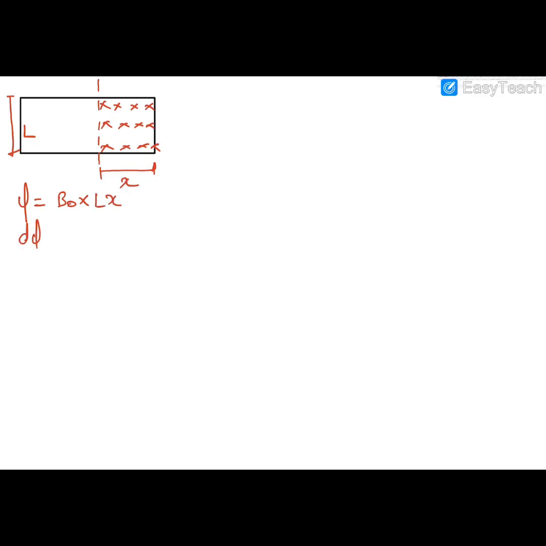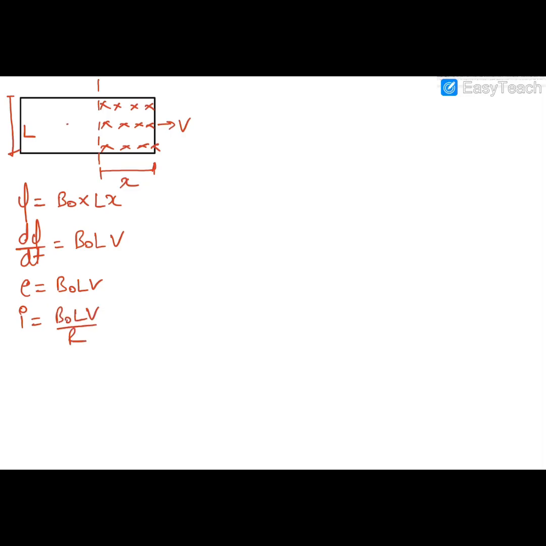So d phi by dt will be the EMF, and we are just concerned about the magnitude of EMF, so it would be d phi by dt equals B naught L, and dx by dt is v. So v is the velocity at any time t. So the EMF in the loop will be B naught L v, which we all know already, and the current flowing in the loop will be B naught L v by R.